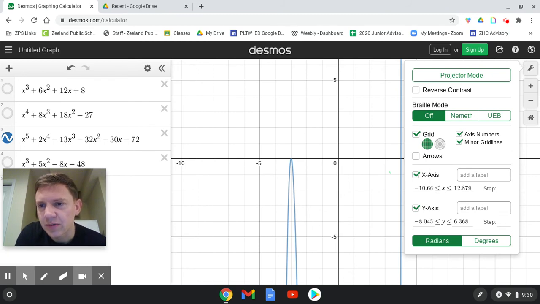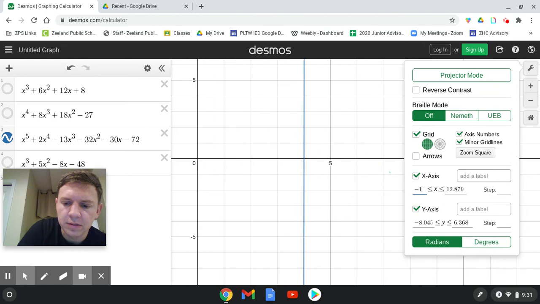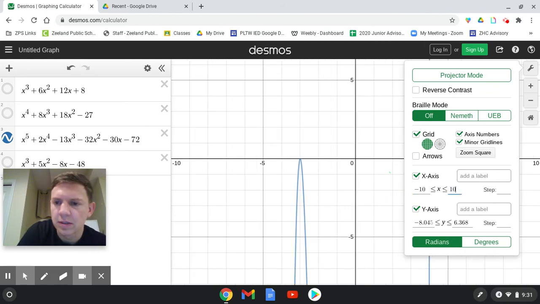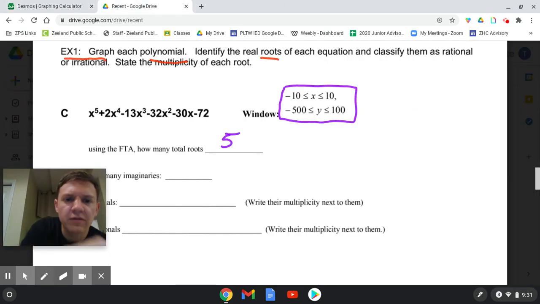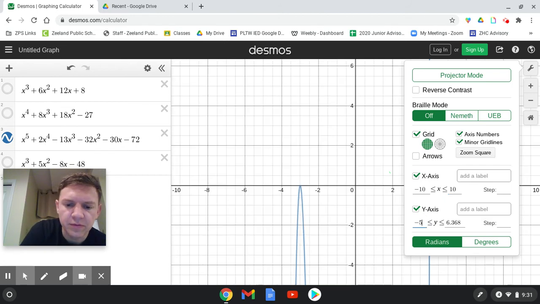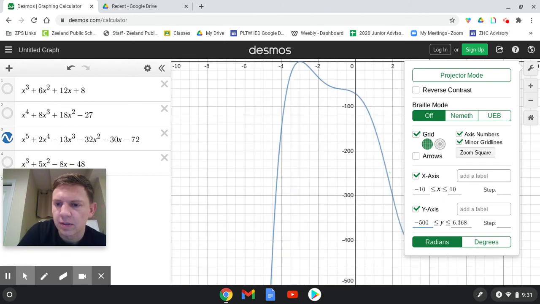So Desmos, I do it over here. -10 to 10. And then the y value was -500 to 100.